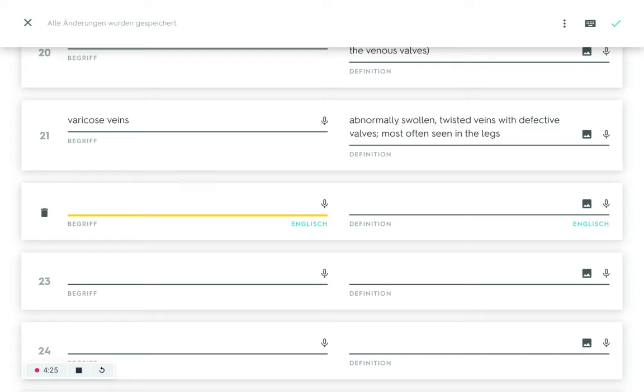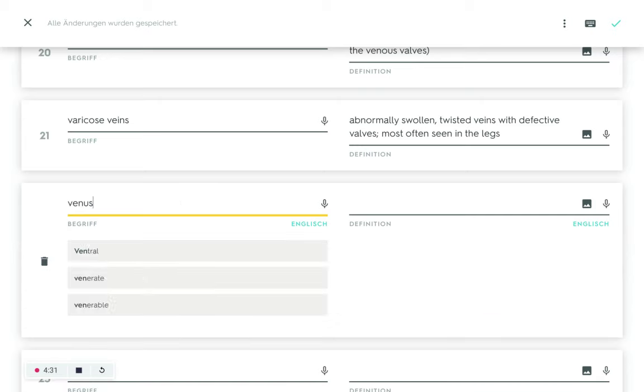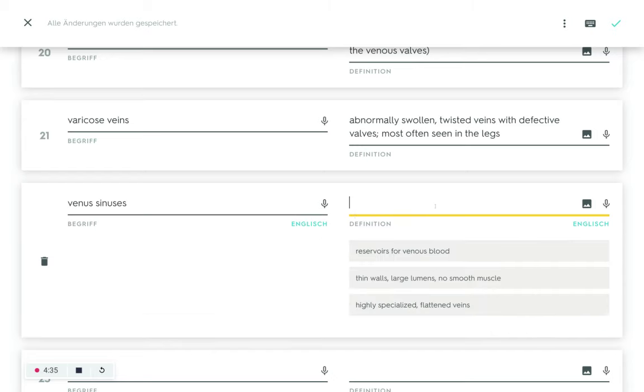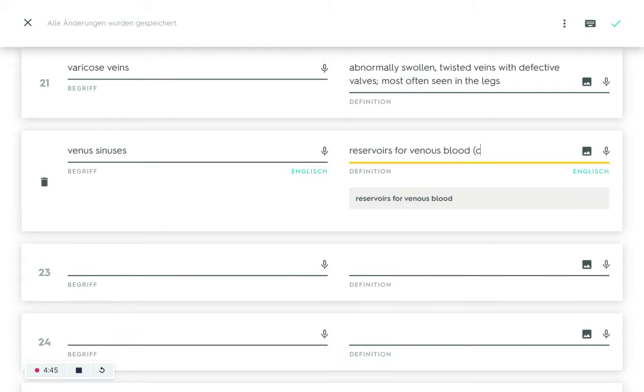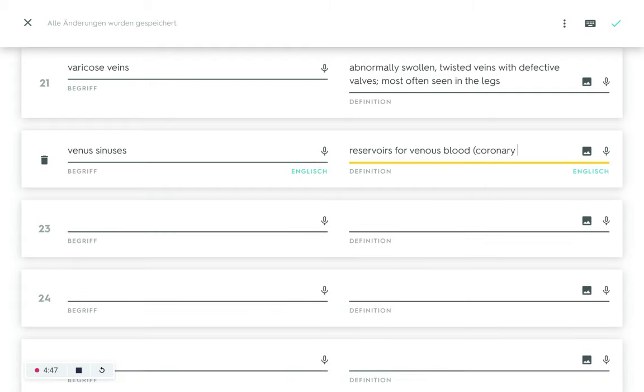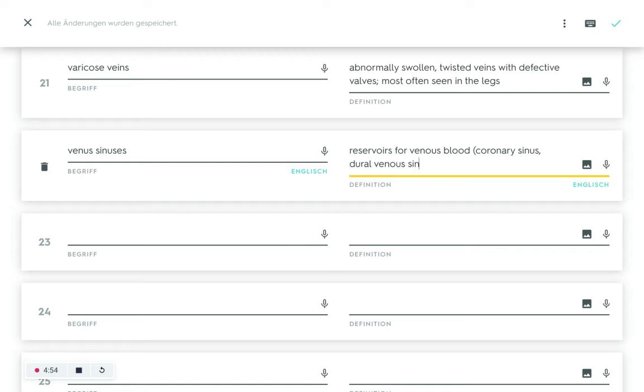That's slide 20-31 for those following with me. The venous sinuses: you do need to know what a venous sinus is. Reservoirs of venous blood. We didn't go too deep with them. We know the coronary sinus and the dural venous sinus.